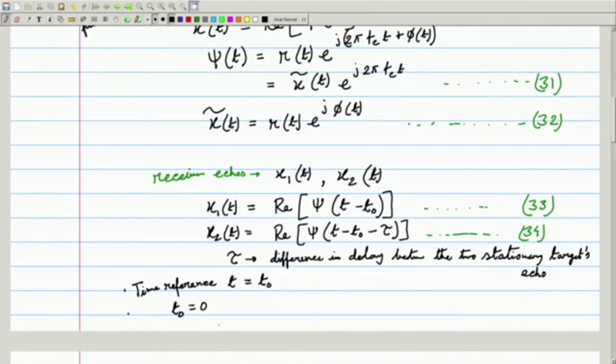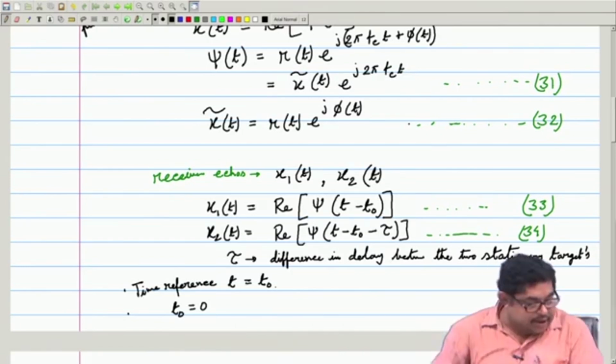So, now the question is, from these two echoes, the radar will have to say that there are two different targets.